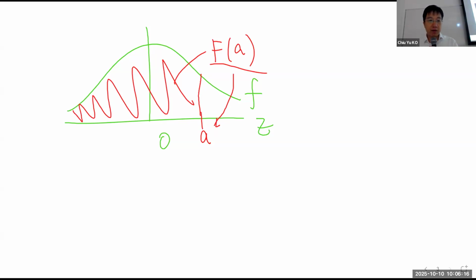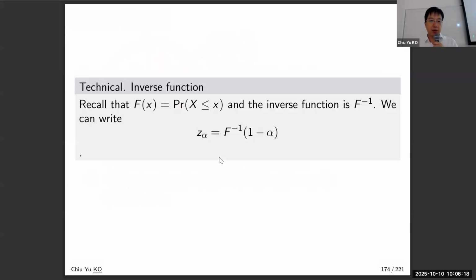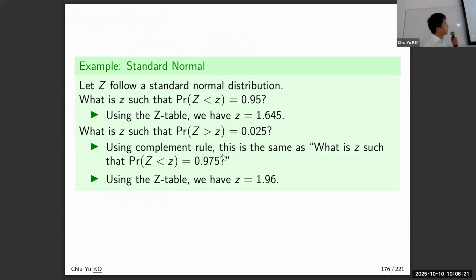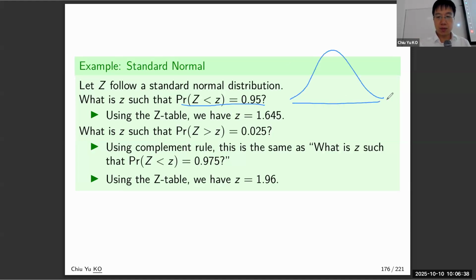Now let's see an example of how we do it. We ask ourselves, what is the number z such that the probability of Z less than z is equal to 0.95? Essentially the question is like this: the normal, this is 0, and I want to know a number z here such that this area is 0.95.